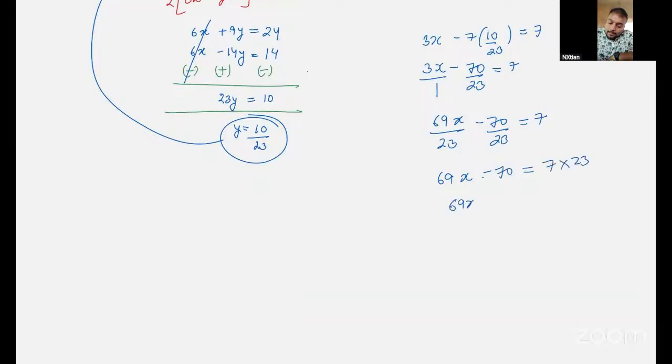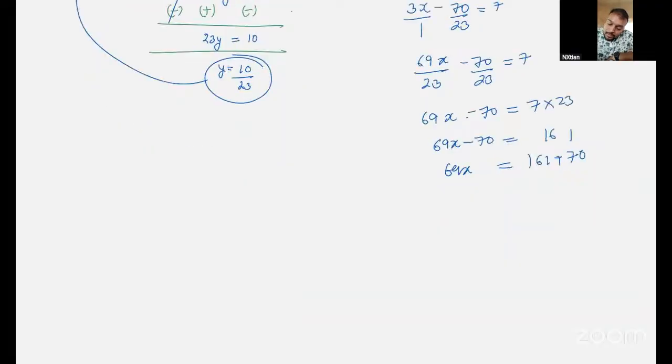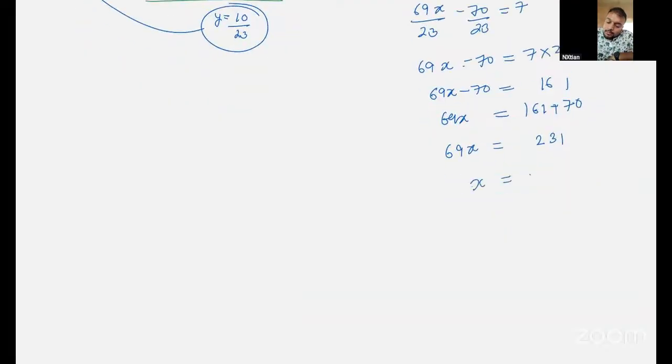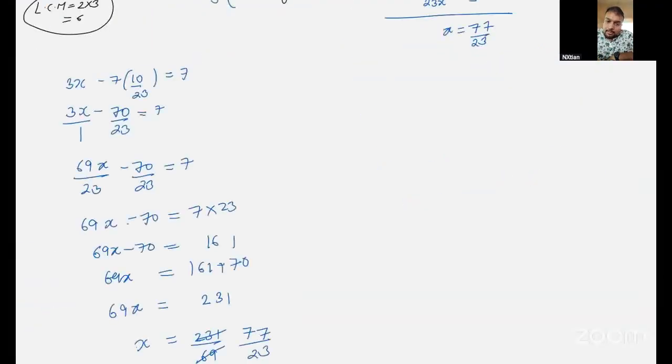So 69x is equal to 161 plus 70. 69x is equal to 231. So x is equal to 231 divided by 69, and if I simplify with the table of 3, it becomes 77 upon 23. So I got 77 upon 23 here also, and 77 upon 23 here also.